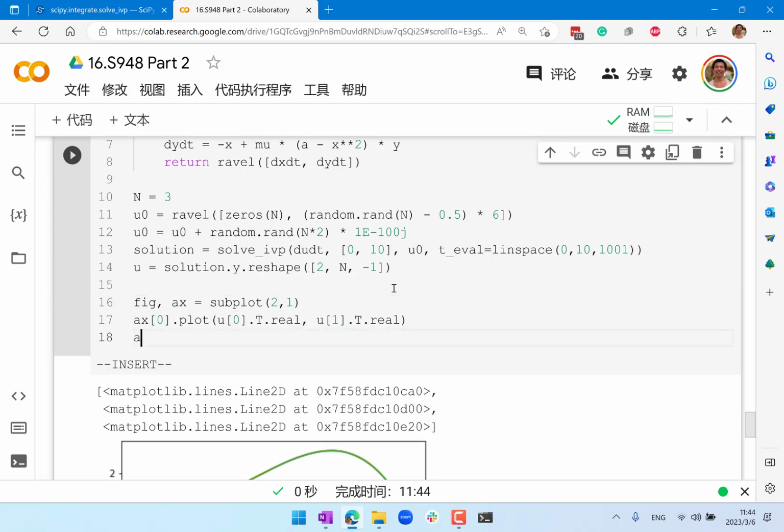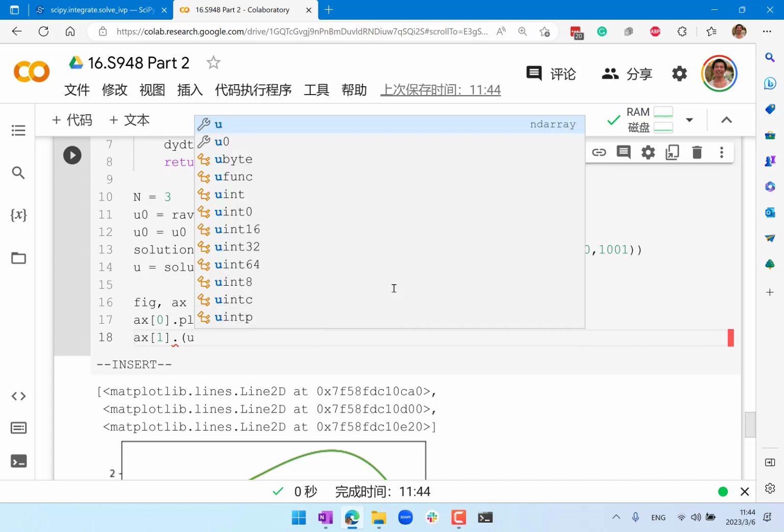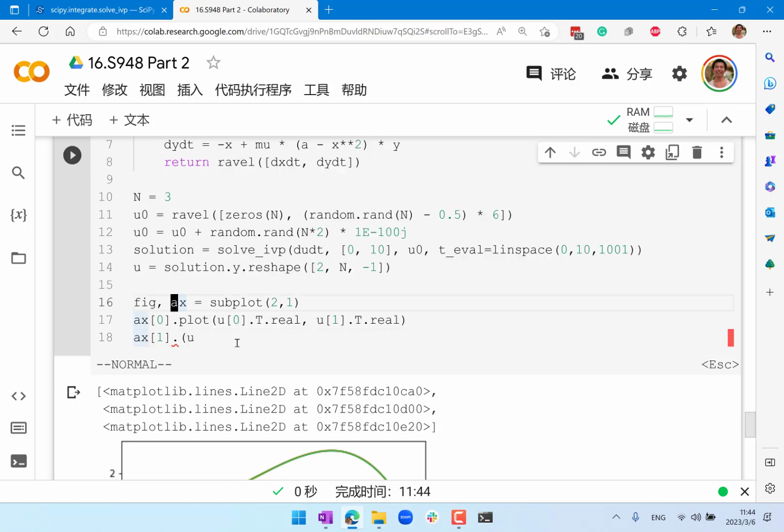Let's plot the magnitude of the perturbation. The second dimension is n, the number of solutions.